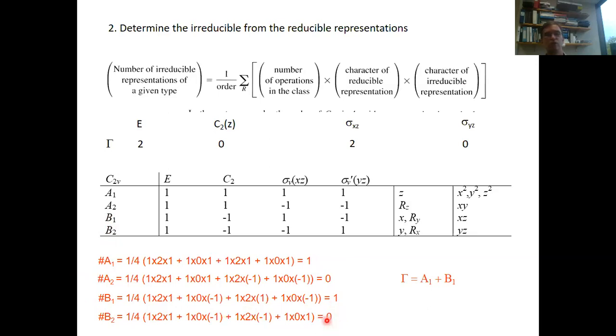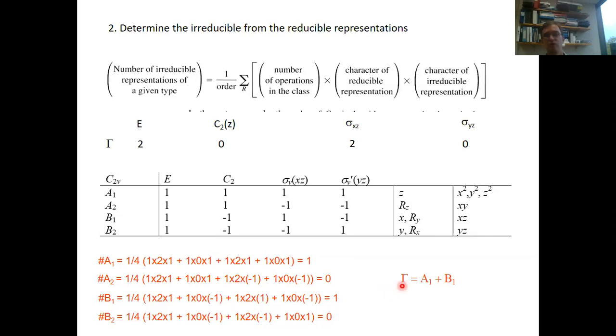Okay. Note that you always have to get integer values for these numbers. If you don't get integer values for your calculations, that means that something must be wrong with your calculation, and you have to find the mistake. Okay.